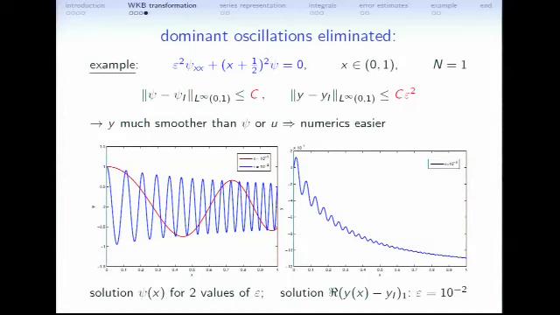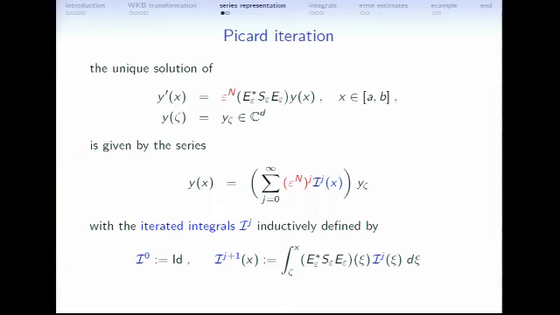So we have transformed our problem. This was the analytic pre-processing. Now we can start to discretize everything. How do we do it? Here we simply use a series representation of the solution of our initial value problem.